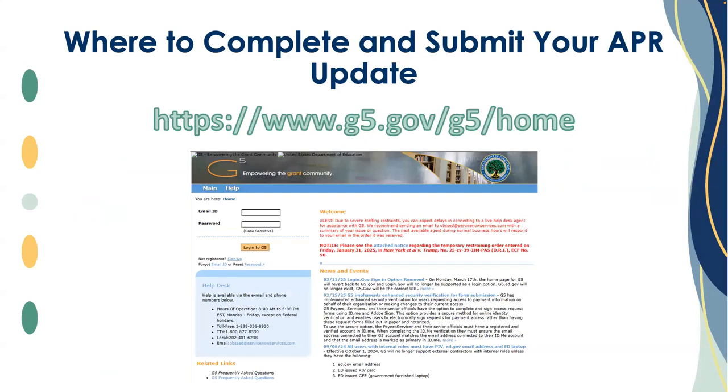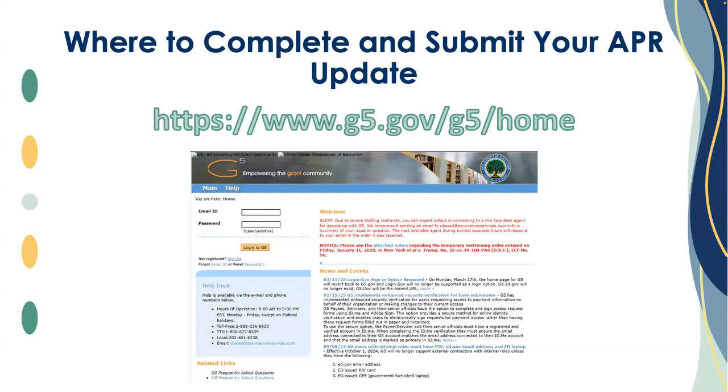So the APR updates will be submitted through G5. And this is a view of the page when you log into that and begin to submit your report. This is just the landing page in G5 where you will submit your annual performance update.